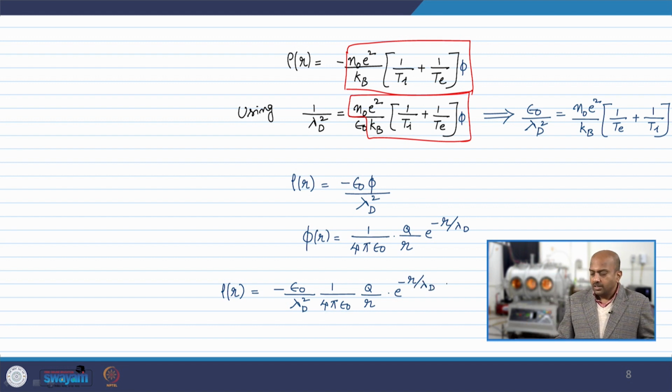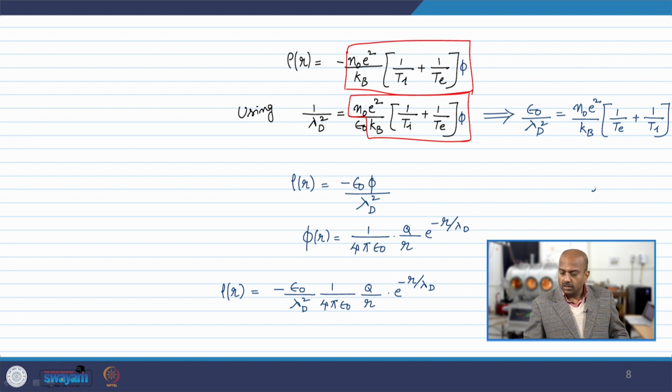The charge density is charge per unit volume. When we know the charge density, we can find the charge by integrating the charge density over the entire volume.